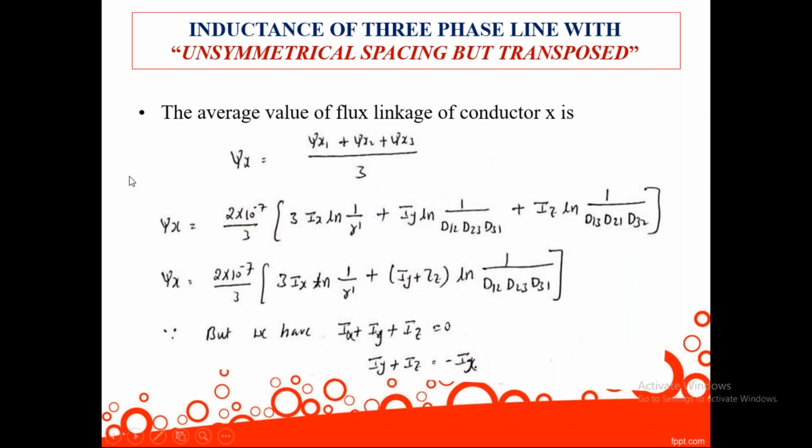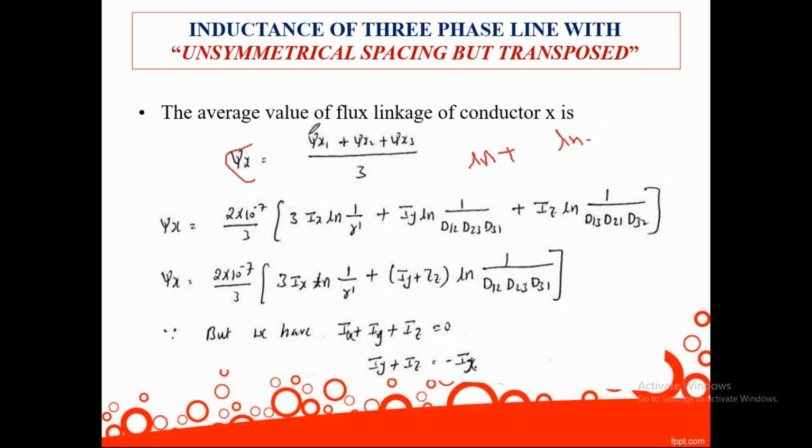So after finding these 3 flux linkages with respect to the positions, we have to find the total flux linkage of the x conductor. For this condition we have to find the average of all flux linkages with respect to the positions: psi x1 plus psi x2 plus psi x3 divided by 3. Now psi x equals 2 into 10 power minus 7 by 3 into... I already said when the logarithmic values are added we have to multiply, or else if the logarithm function is subtracted we have to divide, right?